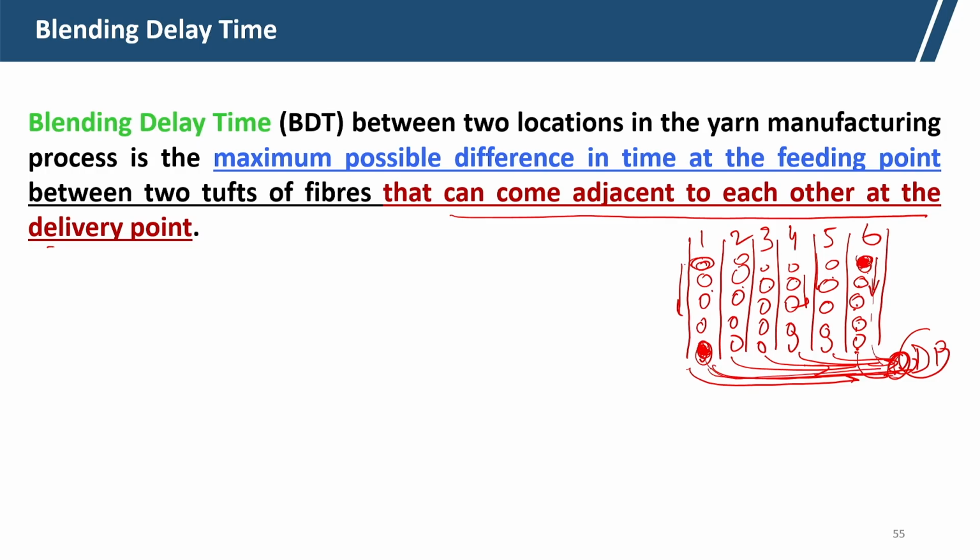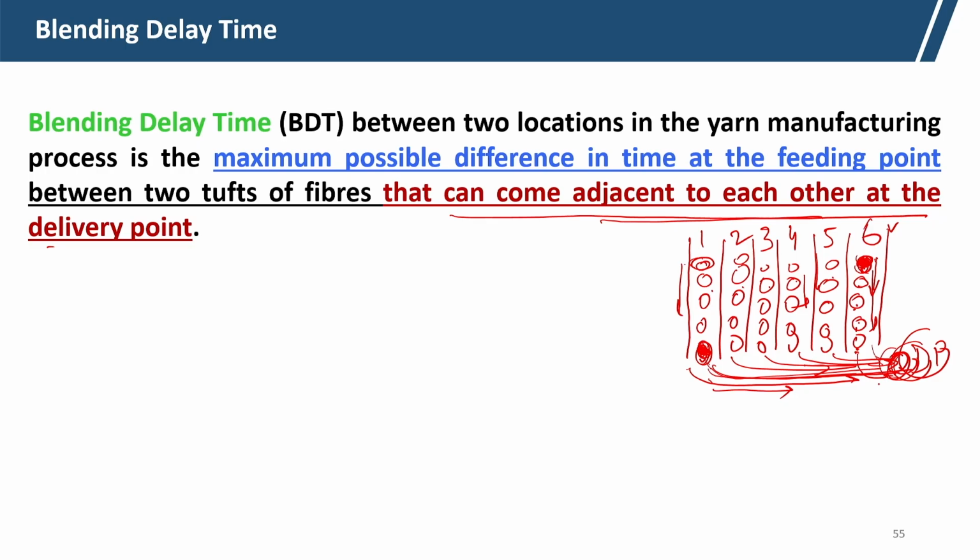If the timing is the same, this fiber coming from chamber number 6 comes to this delivery point, and another fiber at the bottom portion, chamber 1, will travel horizontally. So, this is travelling almost vertically towards the delivery point.